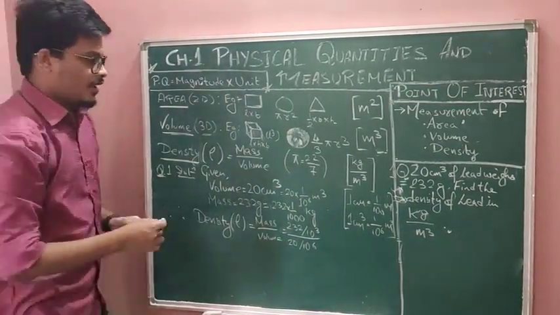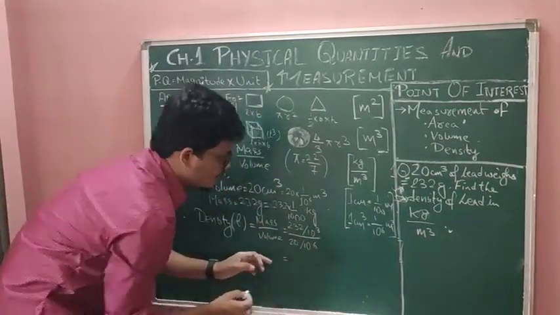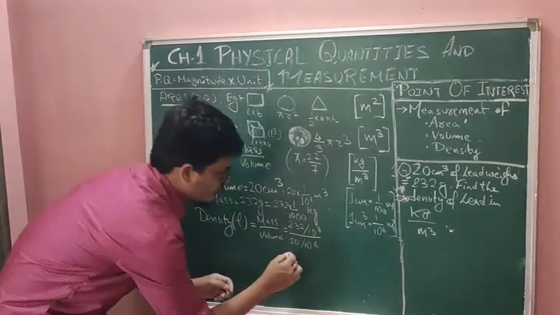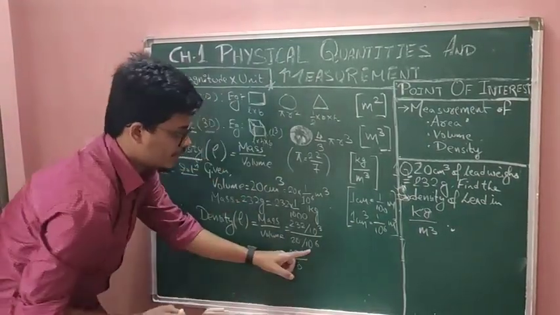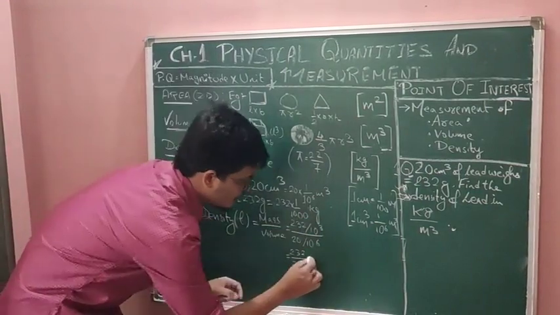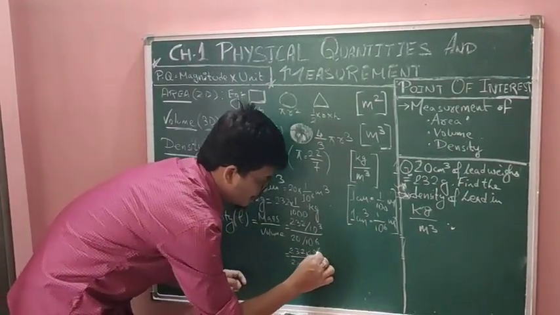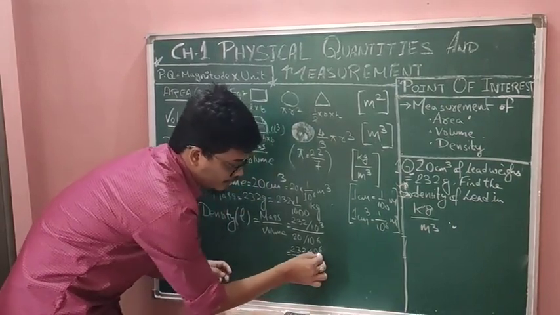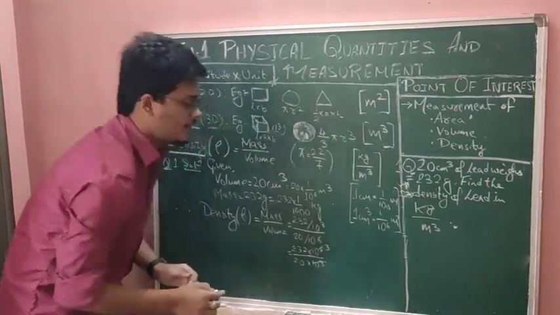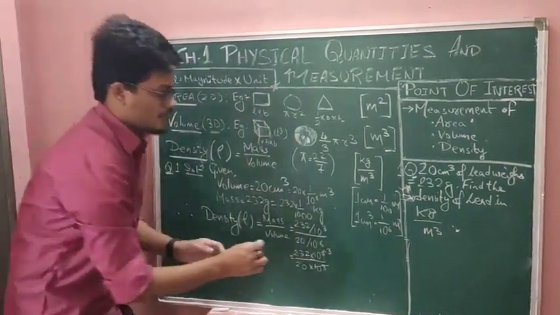Very easy. Now we can just do some calculations. That is 232 divided by 20. This 10 to the 6 will go up and 10 to the 3 will come down, simple mathematics. So 10 to the 3 cancels with 10 to the 6. You will save 3 zeros. So we can solve this part.